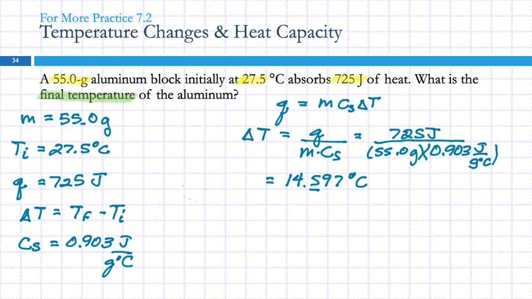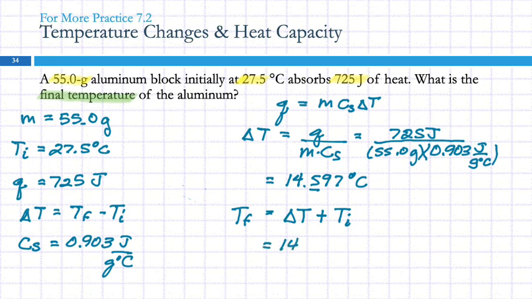and I have my delta T. So delta T is our final T minus our initial. So then that means that the final temperature must be the change in temperature plus the initial temperature.